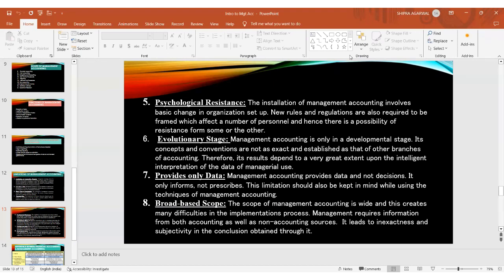So if you are getting data from different sources from a very wide scope, then it can lead to inexactness and subjectivity. And if your data is from such different sources and the objectivity is not being taken care of, then even the conclusions obtained from such data can be a question mark, right? So you have to see whether it is useful or not, and accordingly take the decisions.